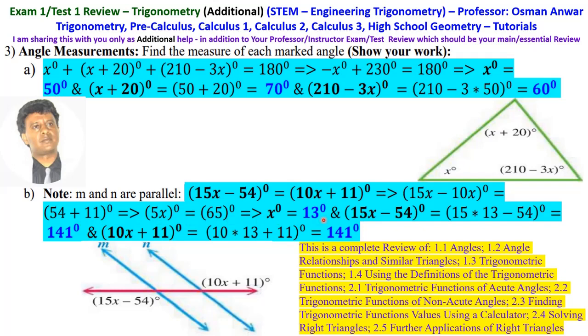Then x is equal to 13. So then to check, 15x minus 54 is 15 times 13 minus 54, which is 141 degrees, and the other one is 10x plus 11, which is 10 times 13 plus 11, which is 141 degrees, which are equal to each other.